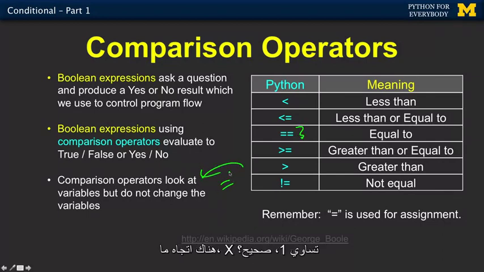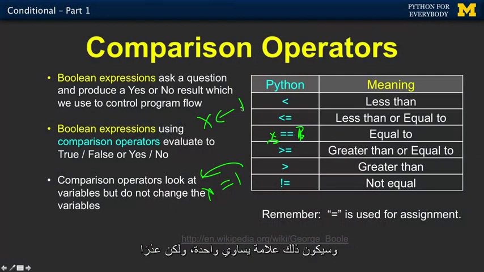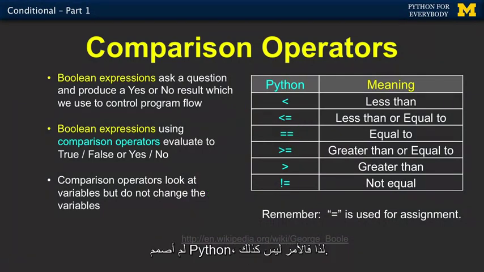It has a direction: x equals 1 puts 1 in x. But if you say x double equals 1, you're asking the question, is x equal to 1, and it doesn't harm x. It takes a while to get used to. If I was designing a language, I would say assign x into 1, and then this would be single equals, but sorry, I didn't design Python, so that's not the way it is.